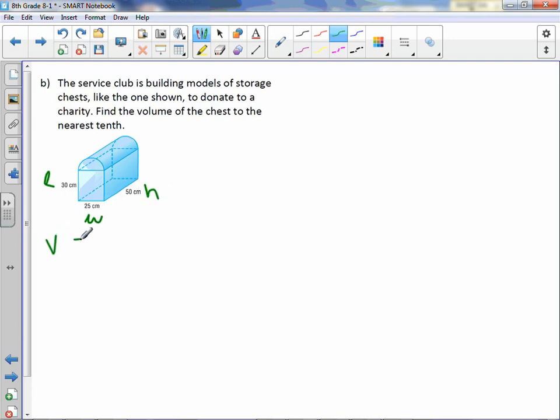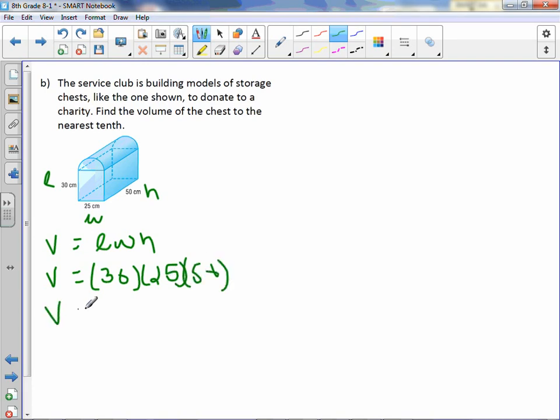The volume equals length times width times height, which equals 30 times 25 times 50. And that would be 37,500.